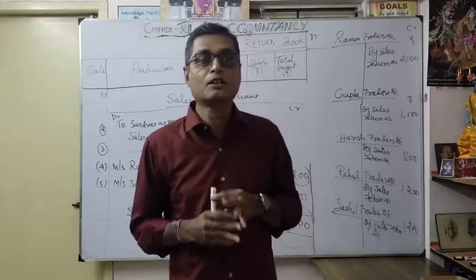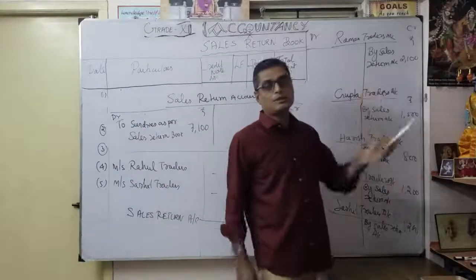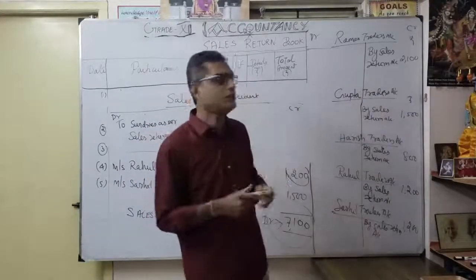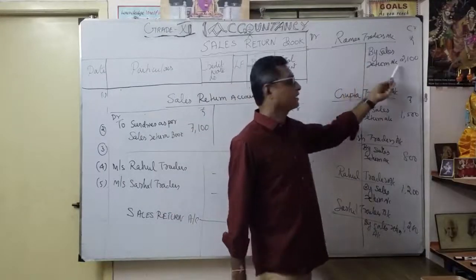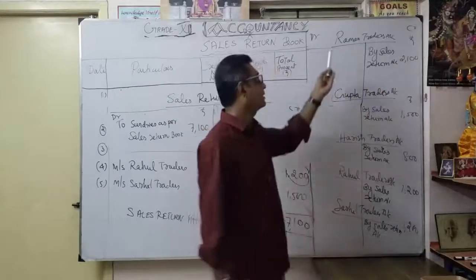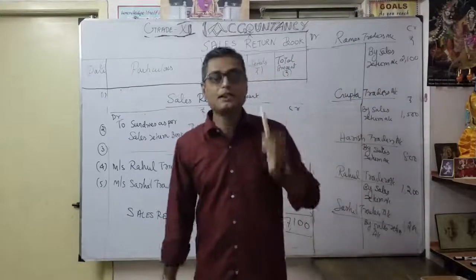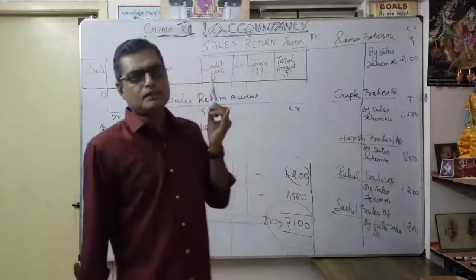This applies whenever dealing with goods sold on credit. Otherwise what will happen? We get the wrong balance and the wrong information. That's why we should be very careful. Under the parties, we are going to credit the sales return account. For example, say we made some sales to Raman Traders, goods sold for 10,000.